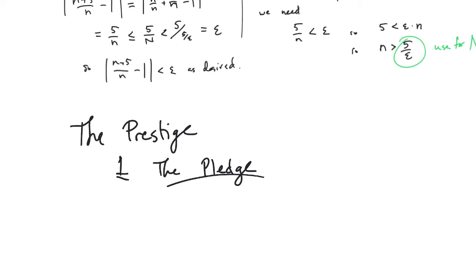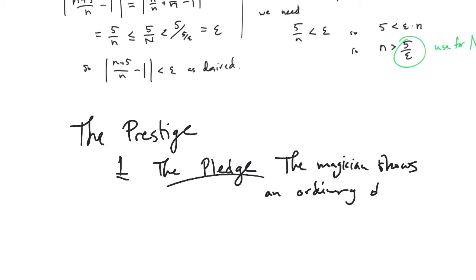Of course, it's not ordinary, but he shows it to you, maybe gives it to you. You can touch it, feel it. The pledge: the magician shows an ordinary object. There's no trick yet, right?